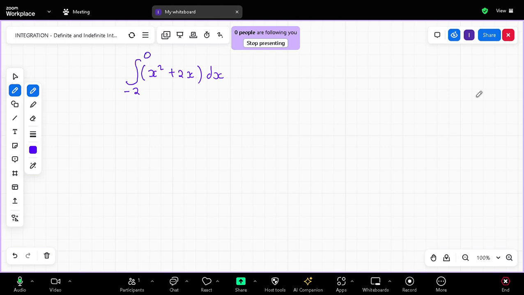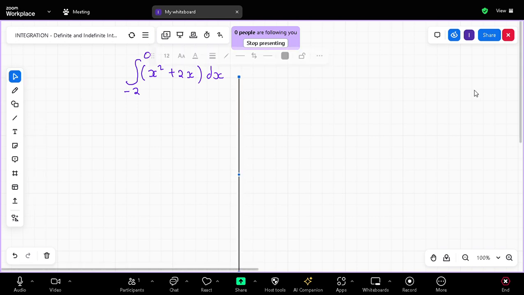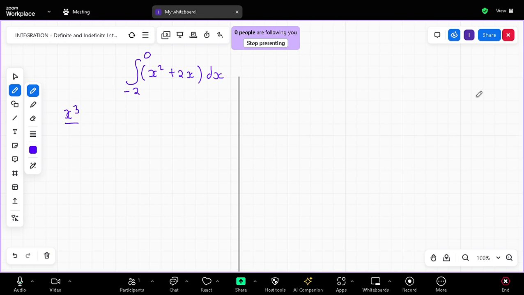Integrating x squared becomes x cubed over 3, plus 2x squared over 2, all the way from negative 2 up to 0. So it is going to be x cubed over 3 plus x squared from negative 2 to 0.